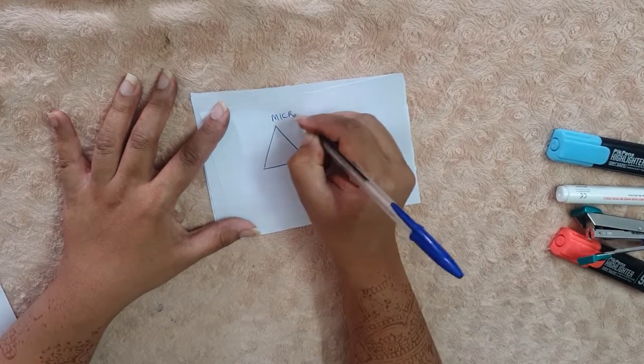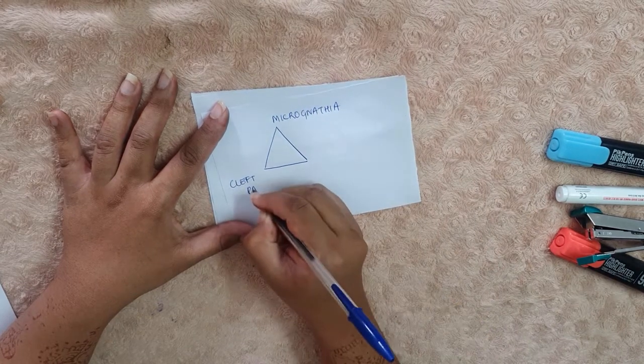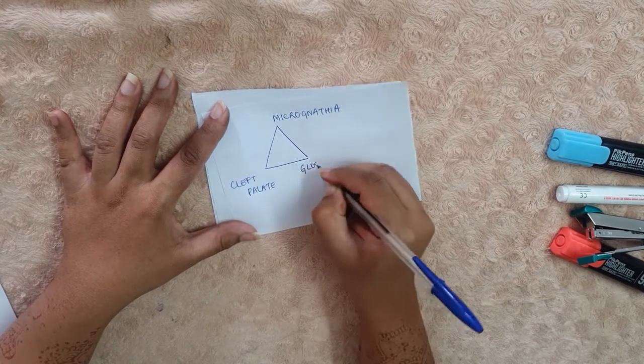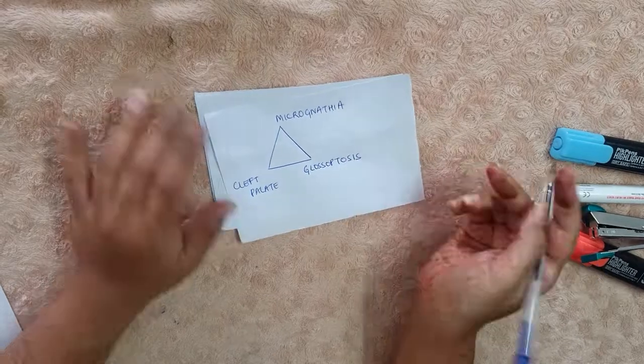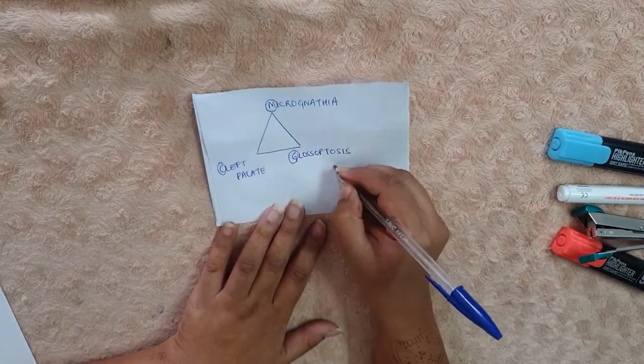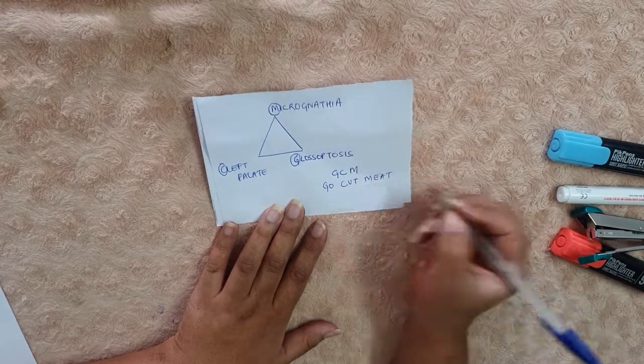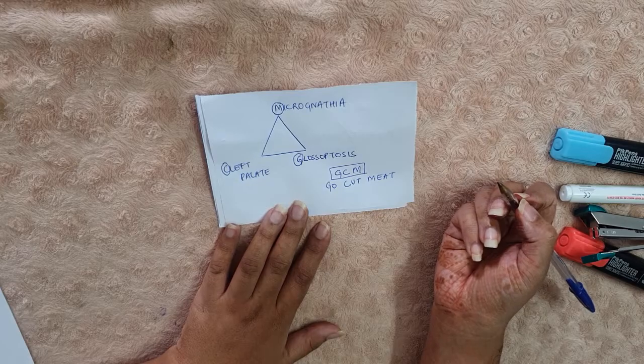The triad is micrognathia, glossoptosis, and cleft palate. I'll also write a mnemonic which will help me remember these three conditions: GCM, that is glossoptosis, cleft palate, and micrognathia. And I would keep the paper aside.